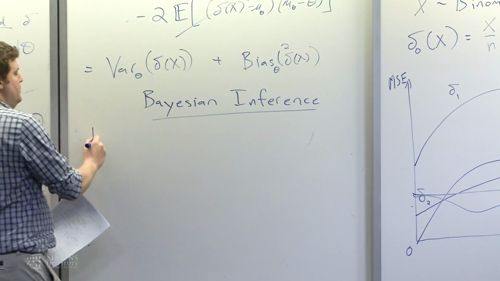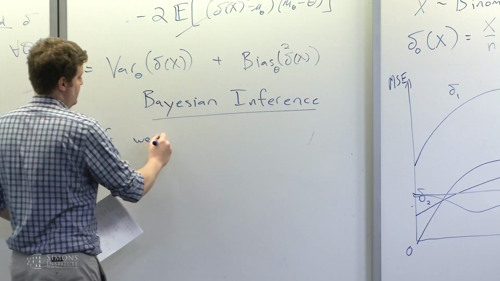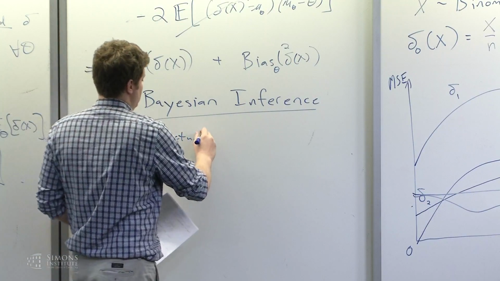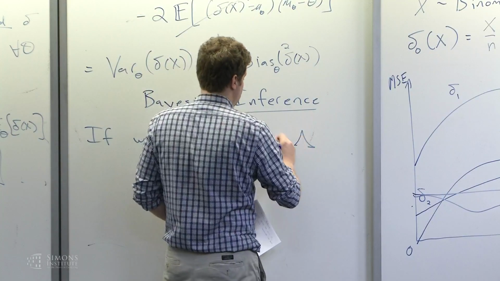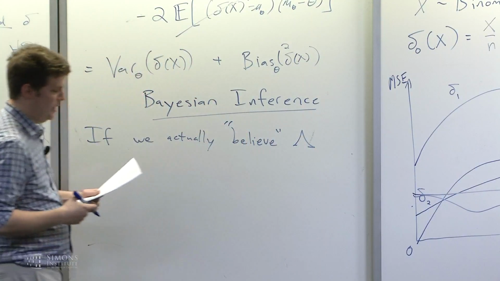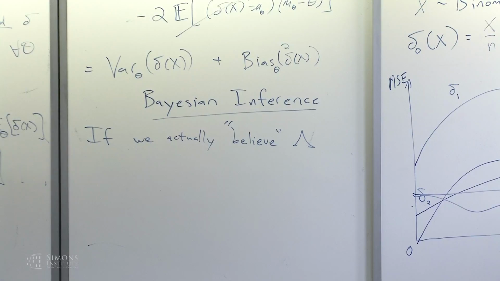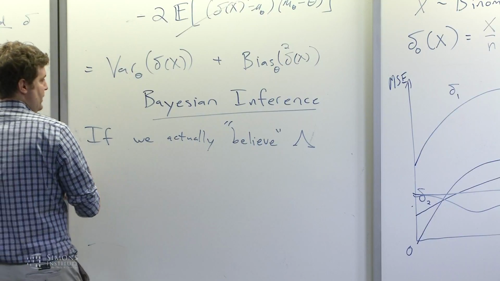So if we actually believe capital lambda as a real prior distribution, then things simplify considerably.